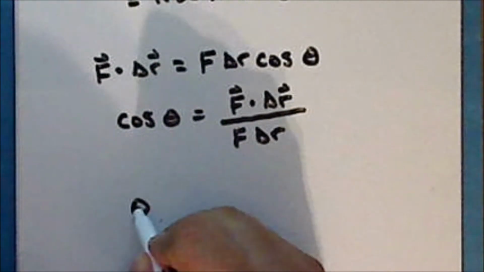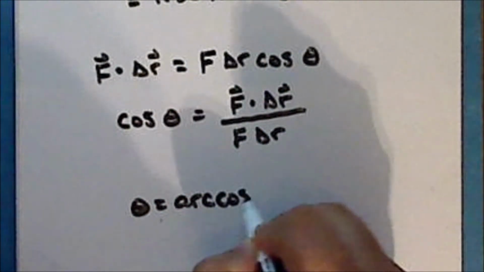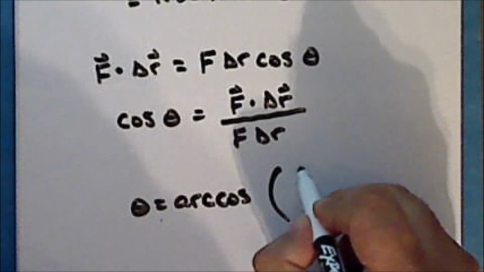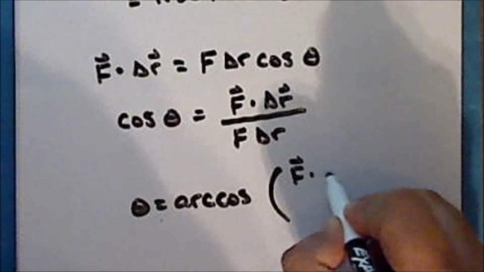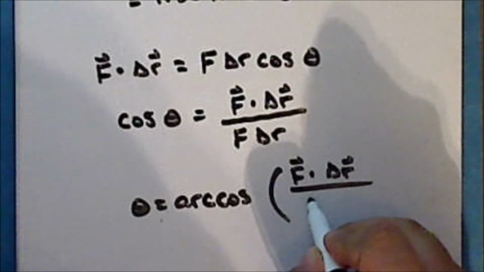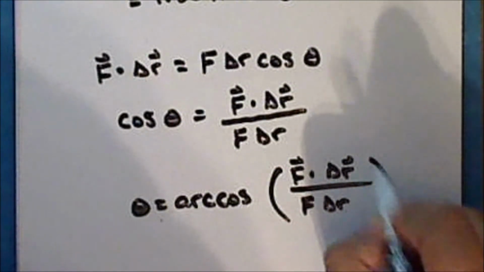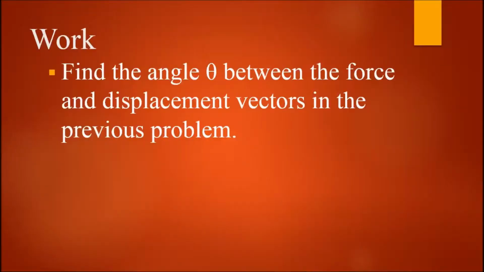And so the angle theta is the arc cosine of this quotient, the dot product of the force and displacement vectors, divided by the product of the magnitude of the force and displacement vectors. And so now we will find the angle theta between the force and displacement vectors in the previous problem.